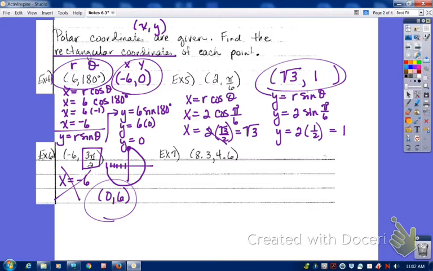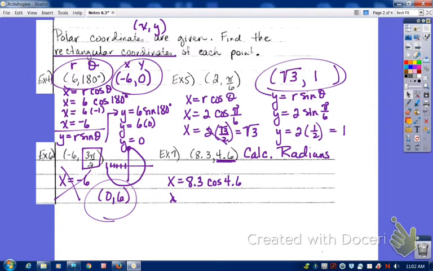All right, number 7. You need to make sure that your calculator is in what? Radians. So they're giving me an angle here that is in radians. So make sure that you go to your calculator and change it from degrees to radians, because it's probably in degrees. So I couldn't do this one without work. So x is going to equal your radius times your cosine of your angle, which is 4.6 radians.